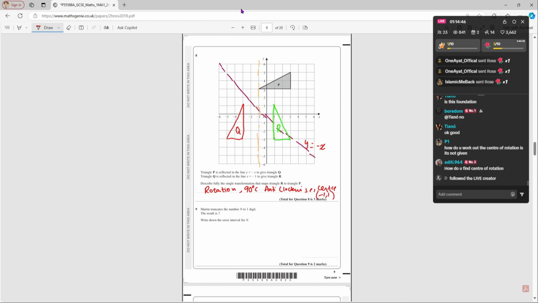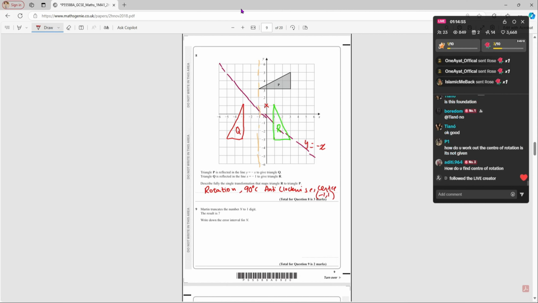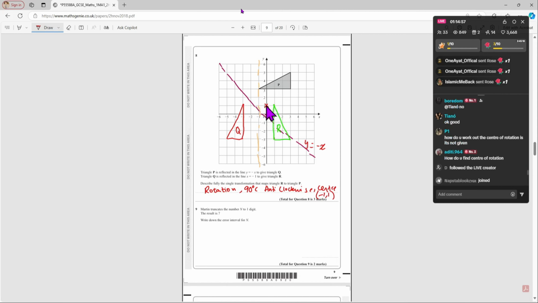You will have to literally use that tracing paper to work out the center of rotation. Basically, you put a pencil on the tracing paper and turn the tracing paper to work out the rotation center. I think there is a video on this on my YouTube, or you can find a video on YouTube on how to work it out.